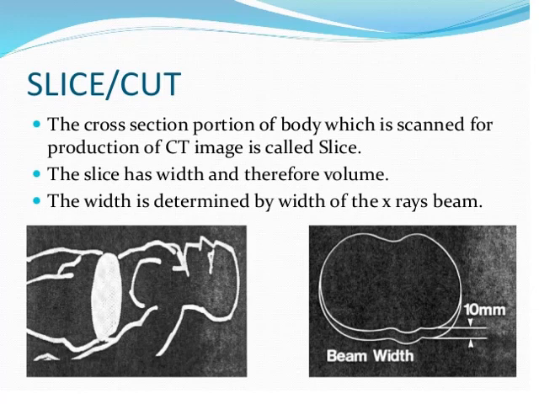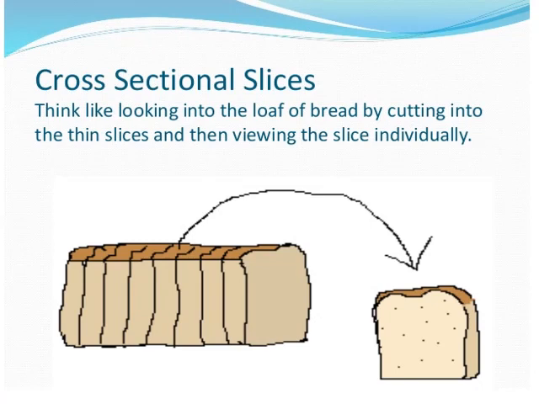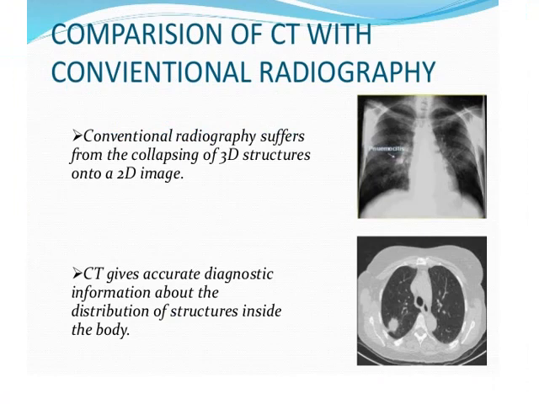The slice has a width and therefore it also has a volume. Take the example of a loaf of bread: you cut it into thin slices and then view each slice individually. The same principle occurs in CT.